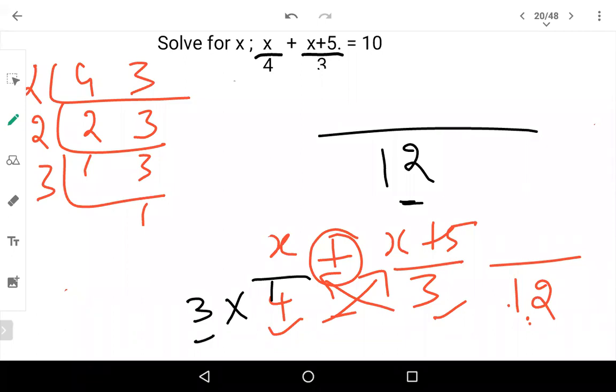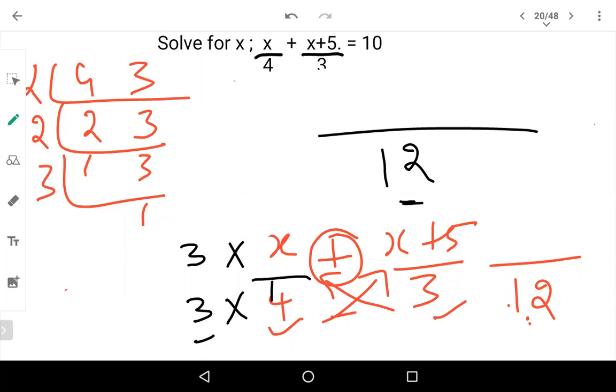Now, when I multiply anything to the denominator, I must also multiply the same number to the numerator. That is the rule. You should multiply the same number or the expression to the numerator as well as the denominator.